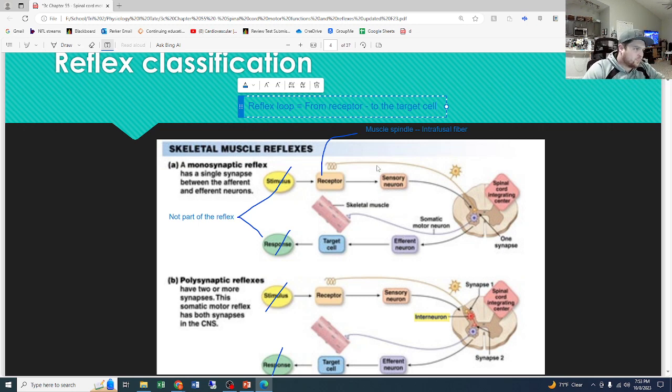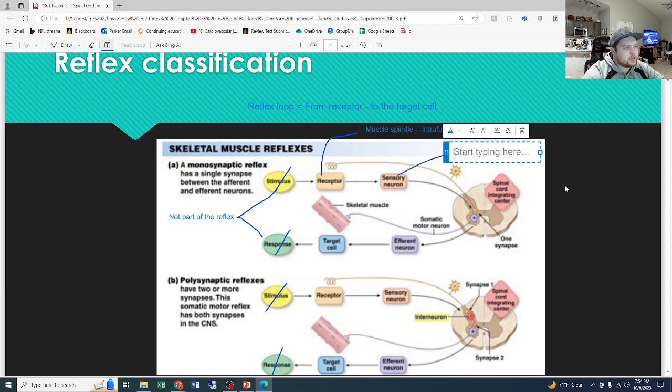Continuing, the receptor transmits to a sensory neuron. The sensory neuron, specifically for our knee-jerk reflex, is going to be a type 1A nerve fiber. Then we go into the spinal cord.